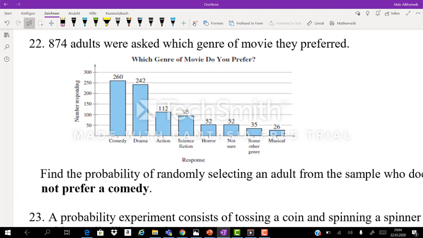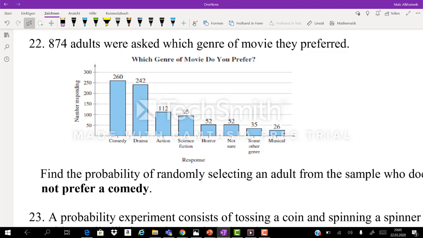Question 22 says: 874 adults were asked which genre of movie they preferred. 260 say they preferred comedy, 242 drama, 112 action, 95 science, 52 horror, 52 not sure or some other genre, and 26 prefer musical.